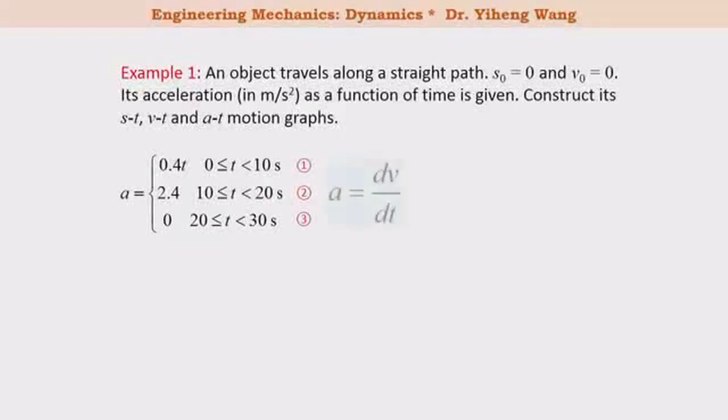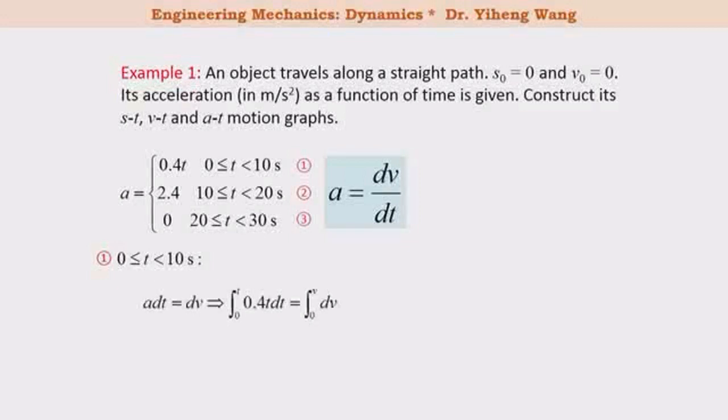We need to use this kinematic equation because it provides the relation between acceleration and velocity. So for the first time period, because a equals dv dt, therefore a times dt equals dv. Substitute in that a equals 0.4 times t, and then we can integrate both sides and get velocity equals 0.2 times t squared. Pay attention here to the integration lower limit.